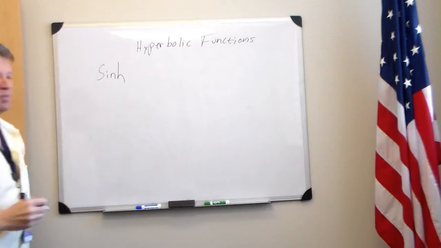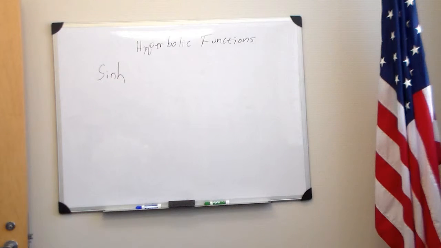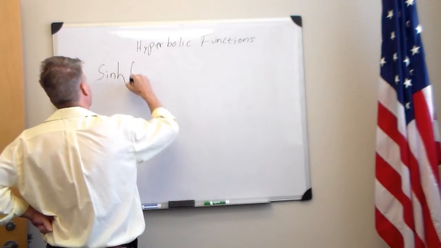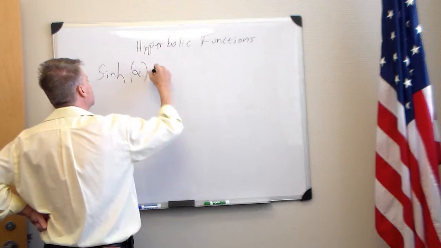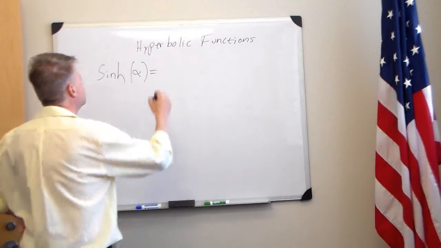You designate a hyperbolic function by using the value h, so instead of sine, it becomes sine h of some given angle. This is defined in exponential terms.